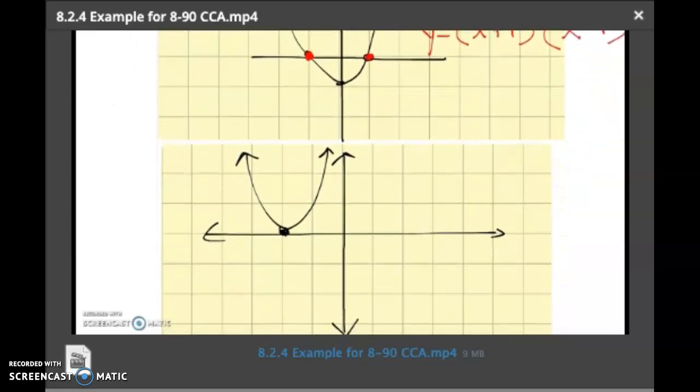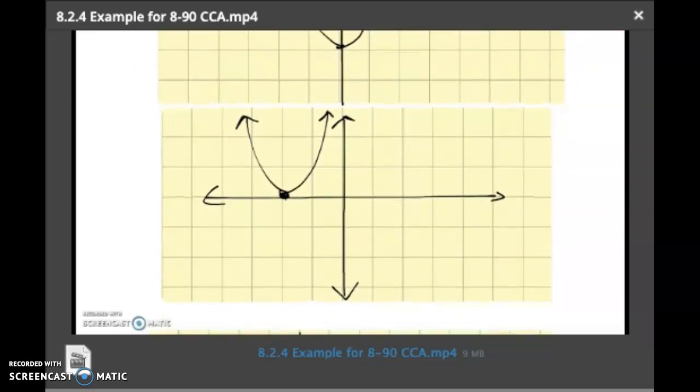In this next example, I'm noticing that my parabola only hits my x-axis one time. Okay, so I want to write down what the coordinate point is for that x-intercept, and it would be at -2, 0.